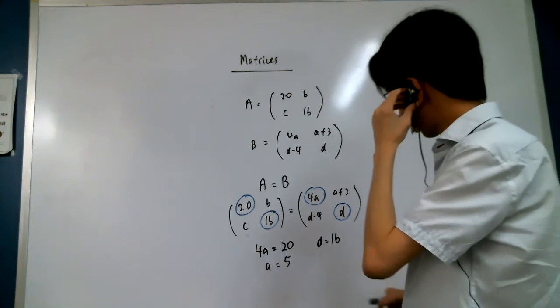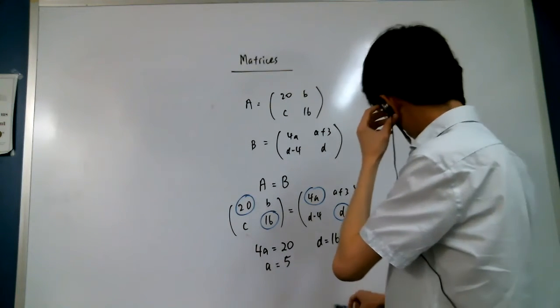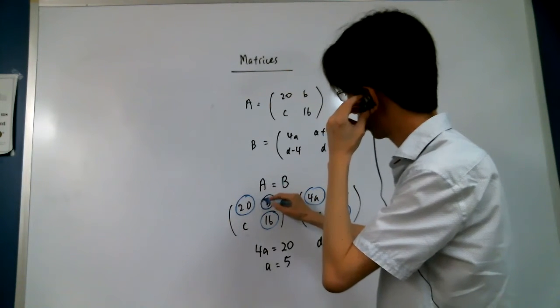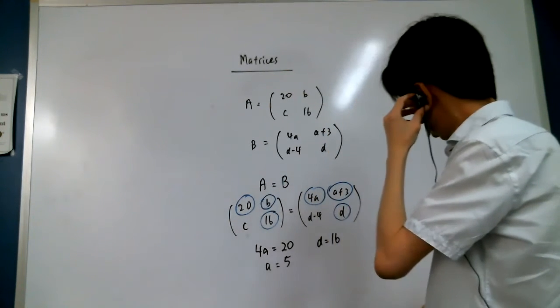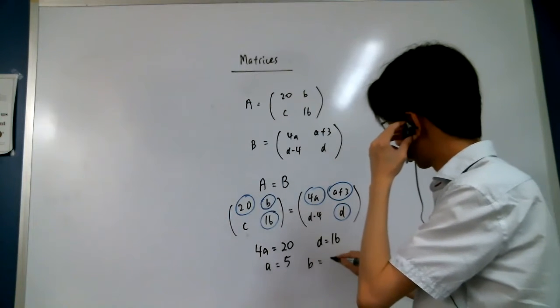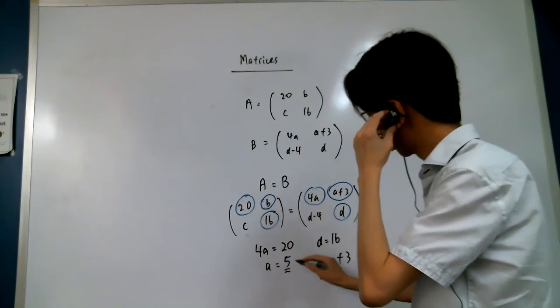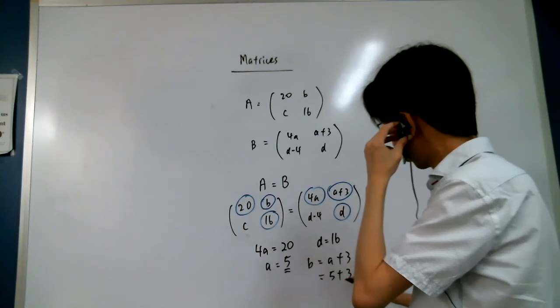Then, once we are done with that, we can actually go and solve for our B. You compare this B with your A plus 3. So that means B is equal to A plus 3. And your A, you can use the previous result. So A is 5. So your B will be 8.